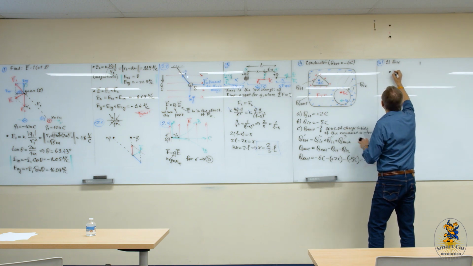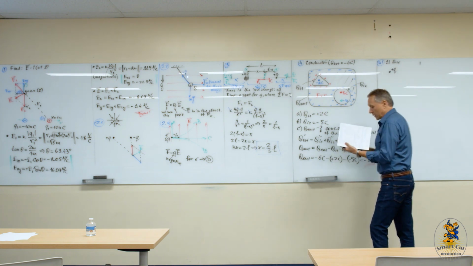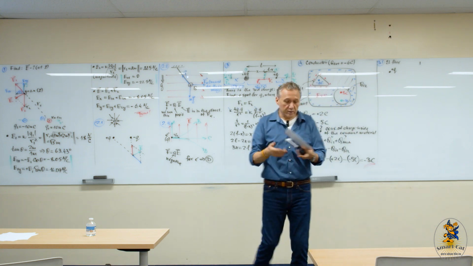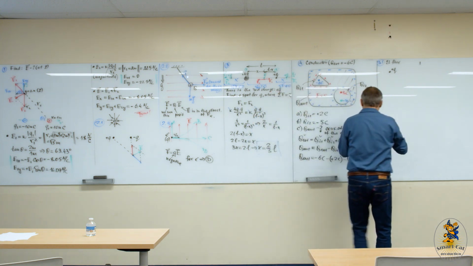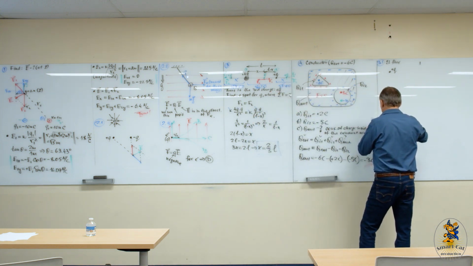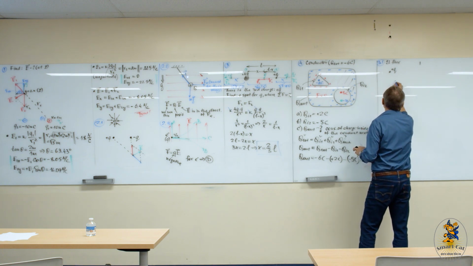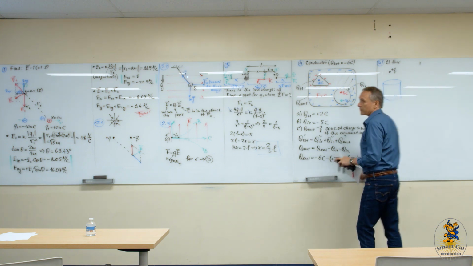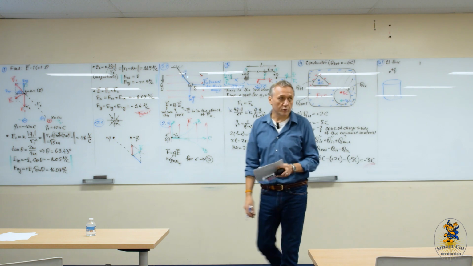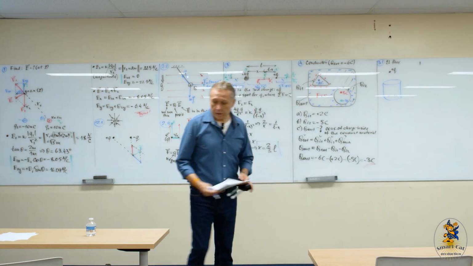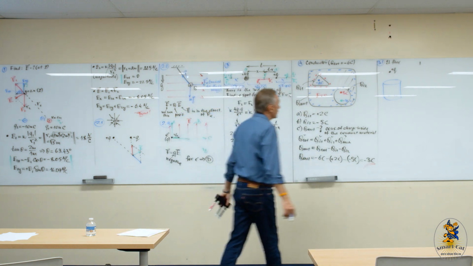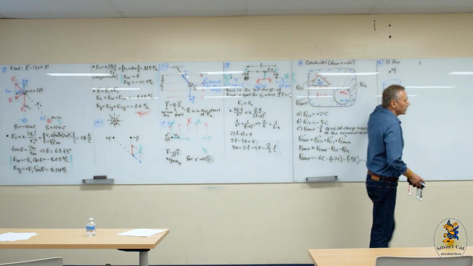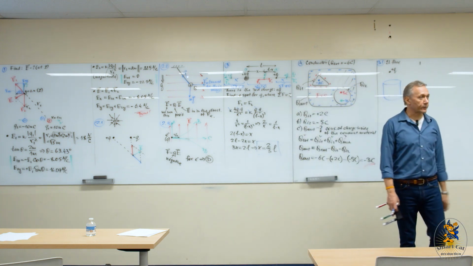Let's assume it's positive, plus Q. And let me pick a completely out of the blue surface, this cylinder. Some imaginary cylinder. So it's a closed surface, right? And if I ask you, what's the total electric flux through this surface?